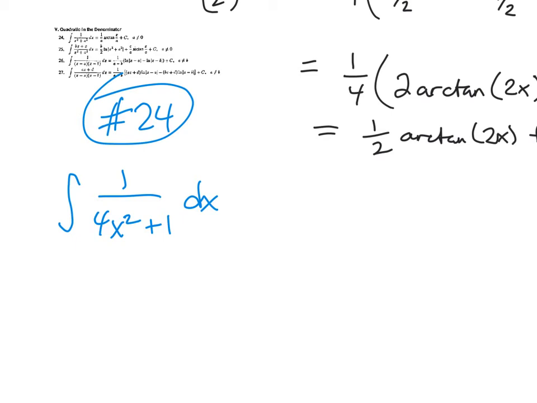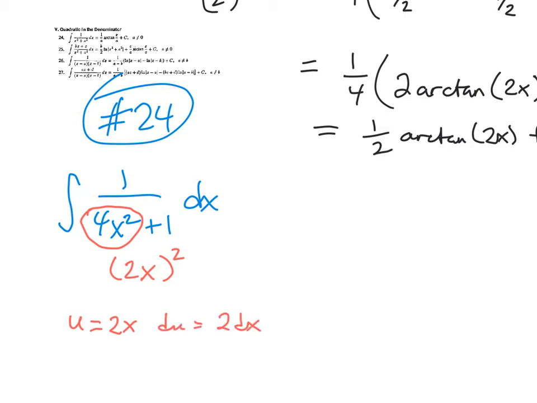But another way I can get there is I can look at this 4x squared here. I know that that is 2x quantity squared. So I can use the u substitution, let u equal 2x, and then du equal to 2 dx.